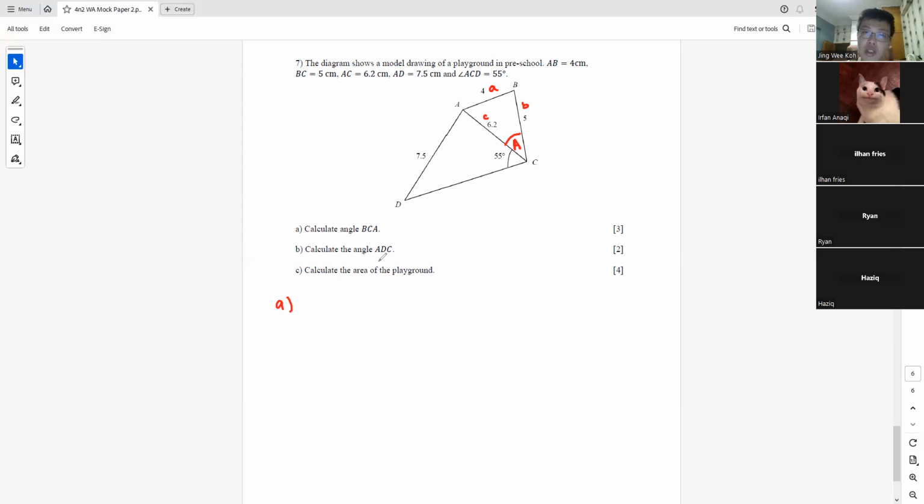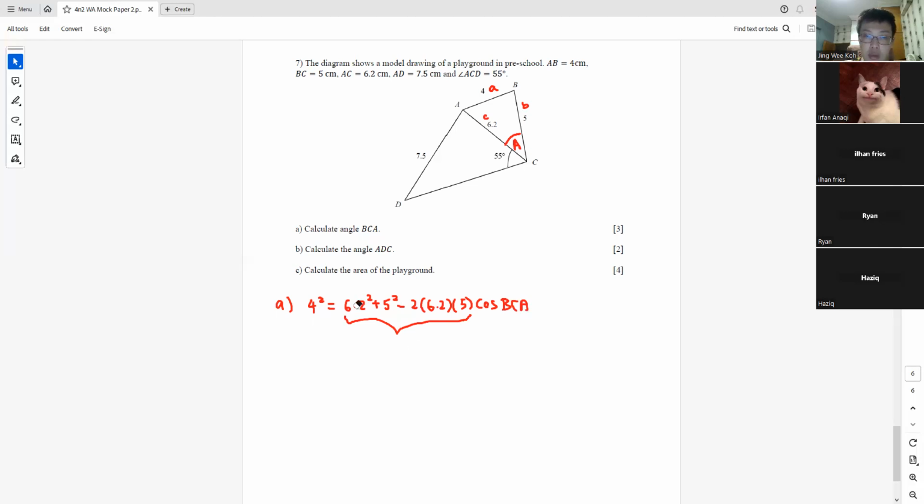Okay. So now the formula will be 4 square equals to 6.2 square plus 5 square minus 2 times 6.2 times 5 times cosine BCA. Like I mentioned, do not press this whole thing into your calculator. It is wrong.